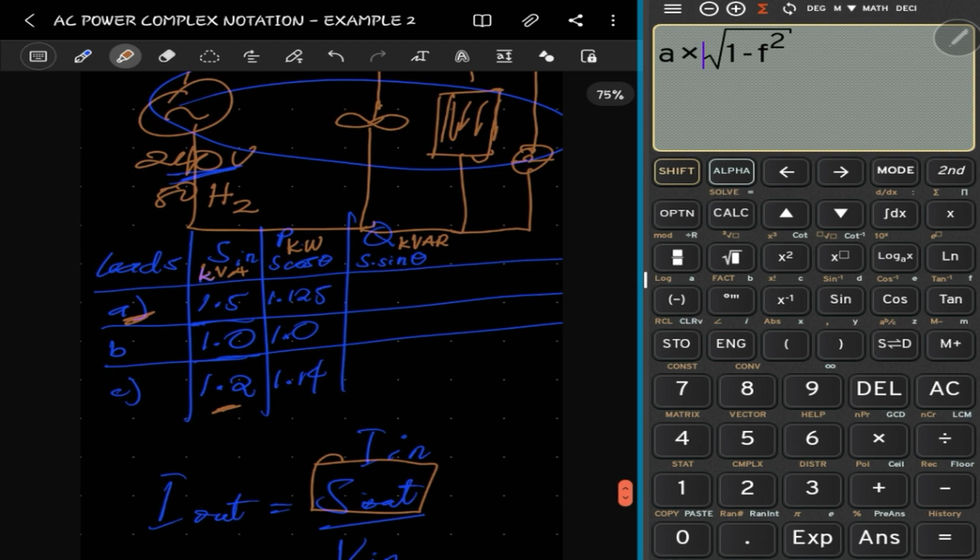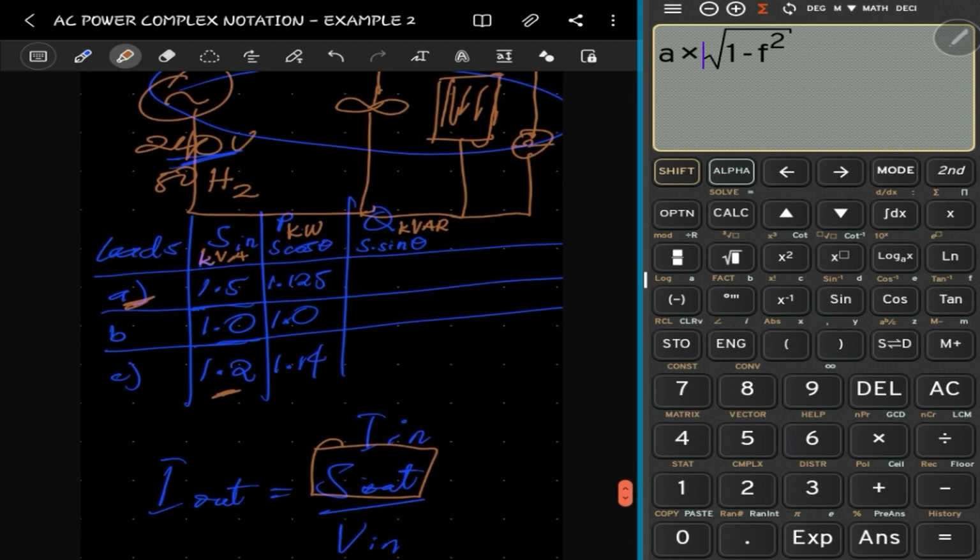Okay, so now let's see. We start with the first one. We know A in the formula here, and on the calculator, A is the apparent power and F is the power factor. I'm just using something that I can relate to. Always do it that way to make your work easier.